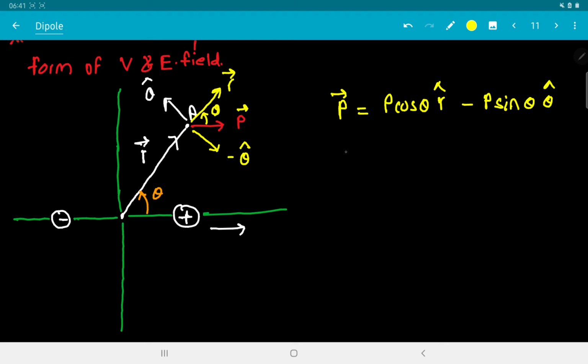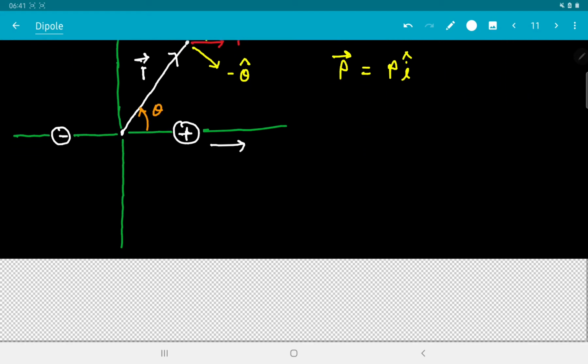So we have written the dipole moment, which was just in i cap direction, into r cap and theta cap direction. Now this will help us convert the electric field, which is in r cap and theta cap direction, into coordinate independent form.